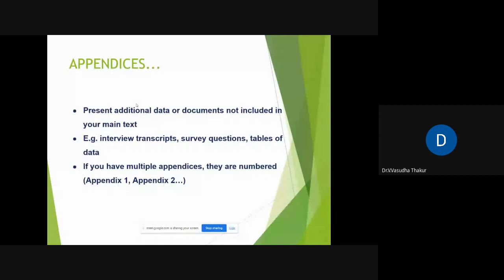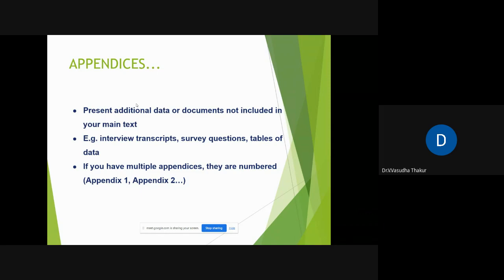Suppose there are certain things you started collecting with great ambition, but you didn't find any place to insert them. Such documents and tables can be numbered as appendix 1, appendix 2, and can be shown under the heading called appendices.